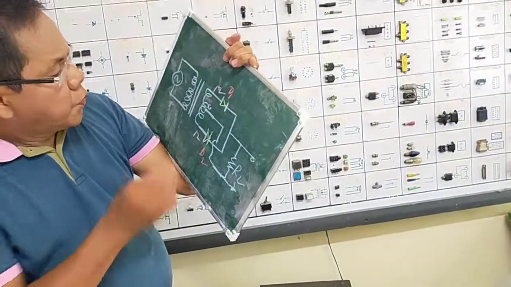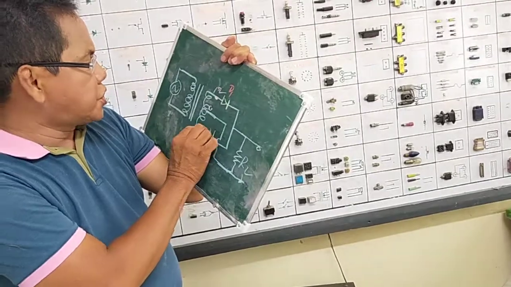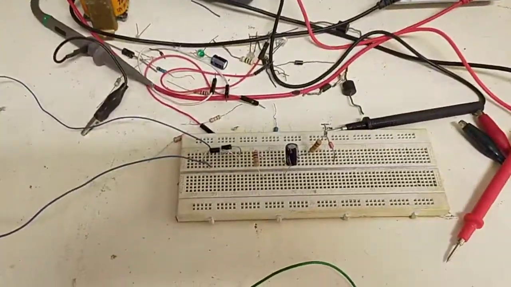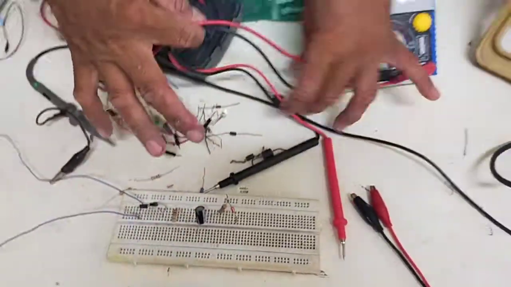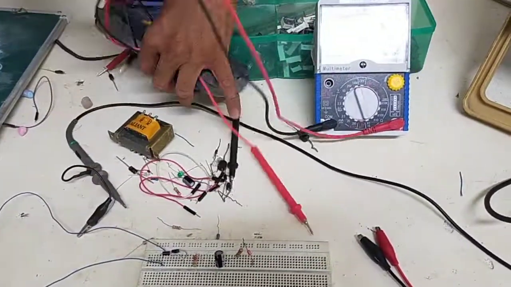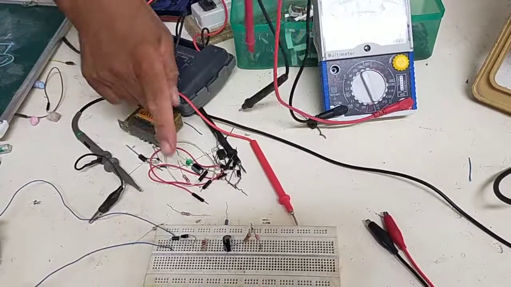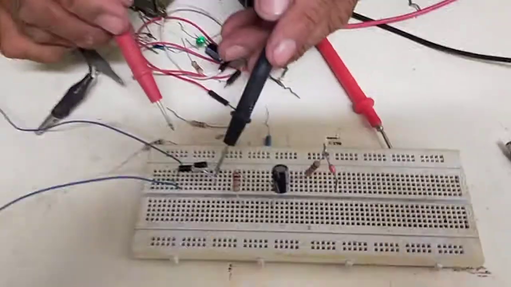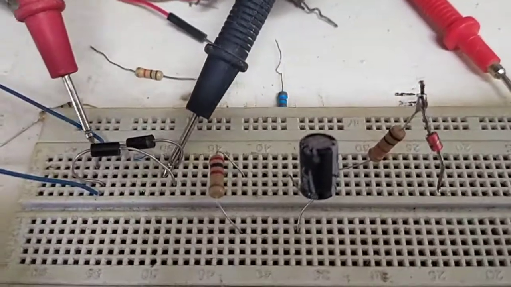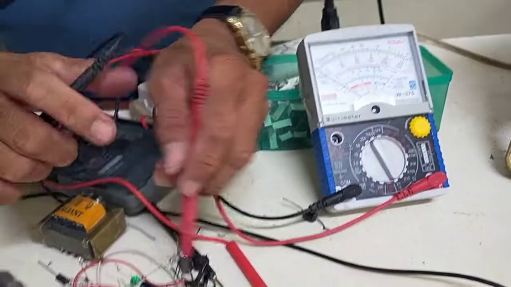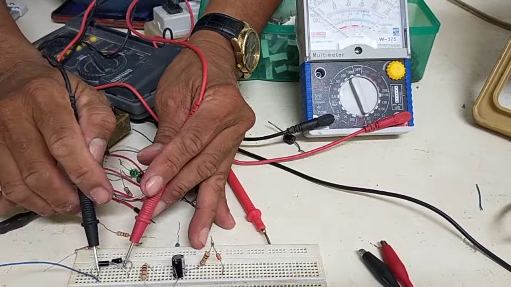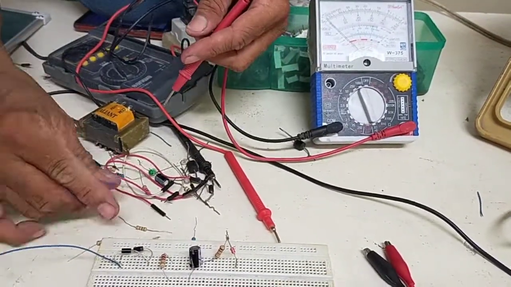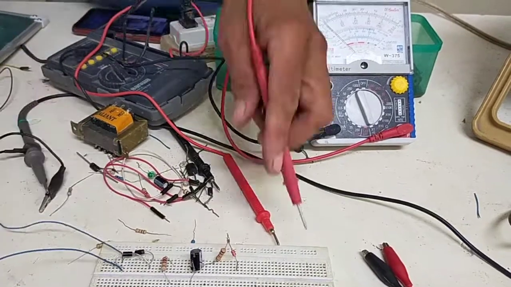So, we are now connecting the two anodes of the diodes, no? The anodes, okay? To prove that these are anodes, we will measure, because the white band of each diode is no longer clear to our eyes. The two anodes now are connected over here.